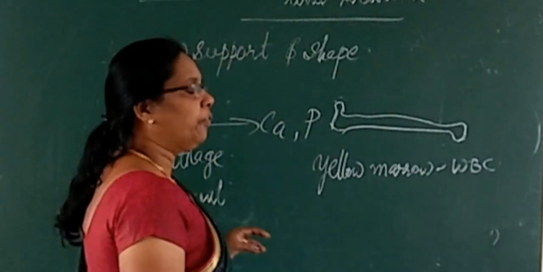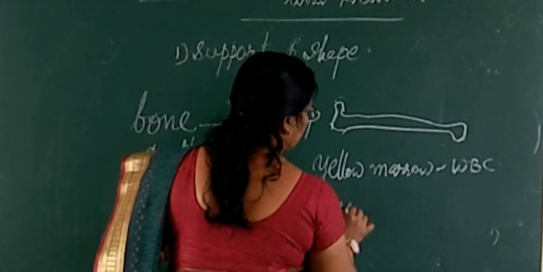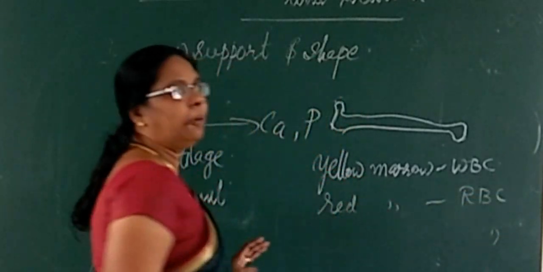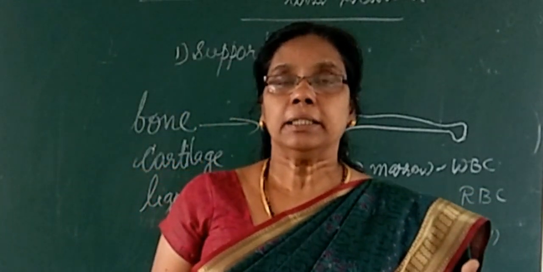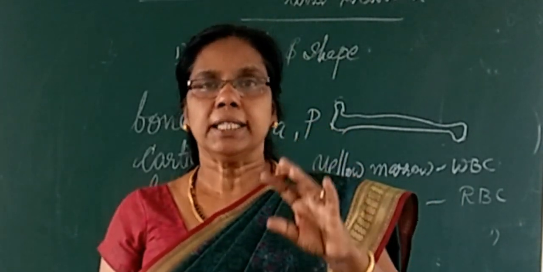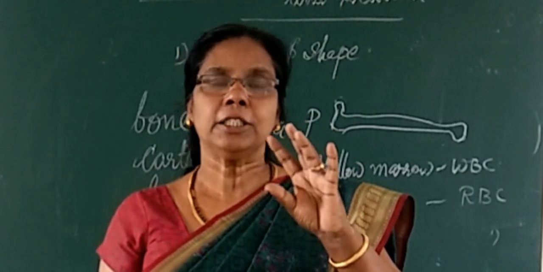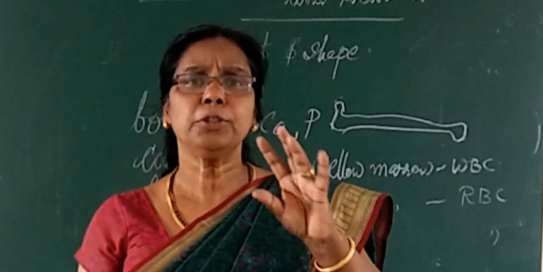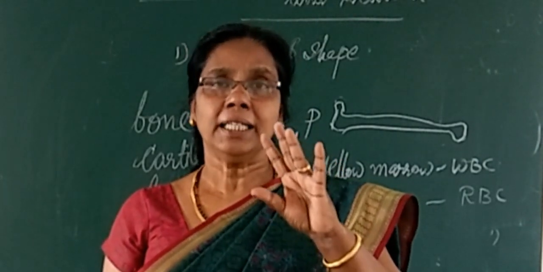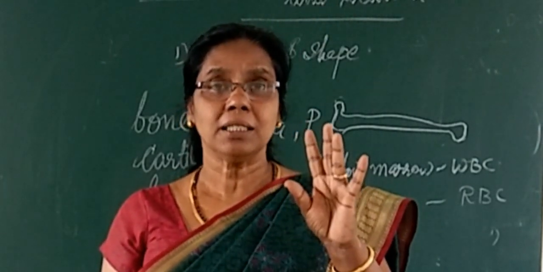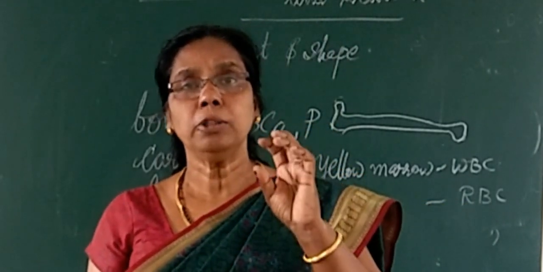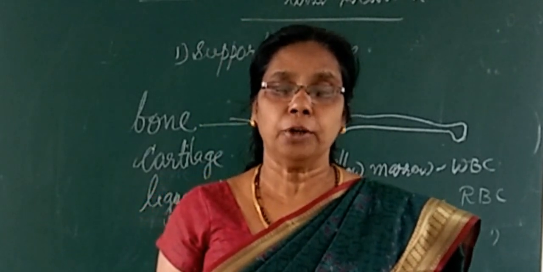Whereas what is the function of red marrow? That is the production of RBC. So whether this marrow is yellow or red, the ultimate work of this marrow is the production of blood cells, that is RBC as well as WBC. These blood cells are produced inside the bone marrow.